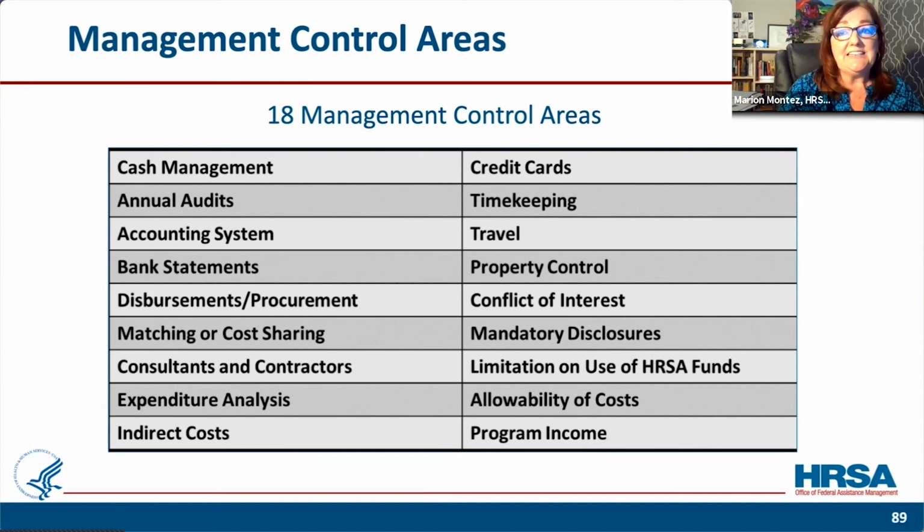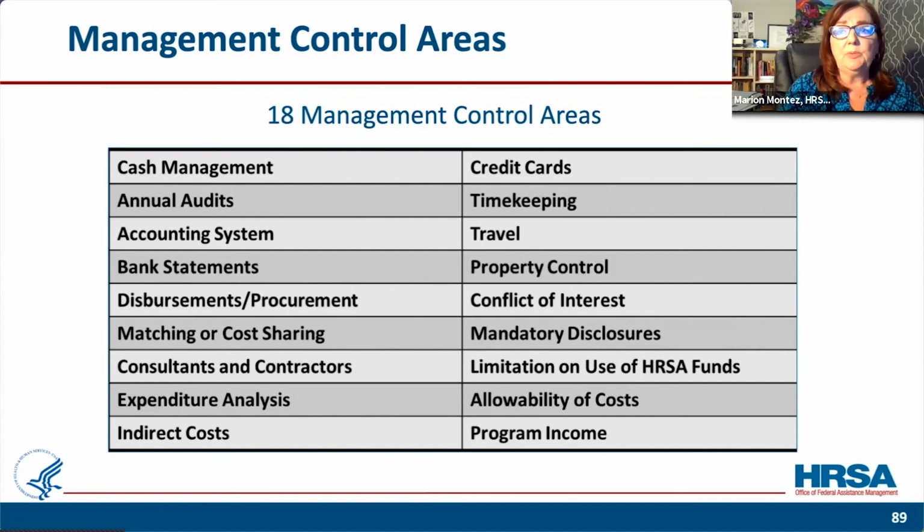It goes over 18 management control areas that must be fully addressed in a HRSA award recipient's policies and procedures. And as shown in the table here, it's everything from cash management to timekeeping, travel, annual audits, conflict of interest, indirect costs, and a variety of other areas, all boil down to brief sections listing what your policies and your procedures must address or require.